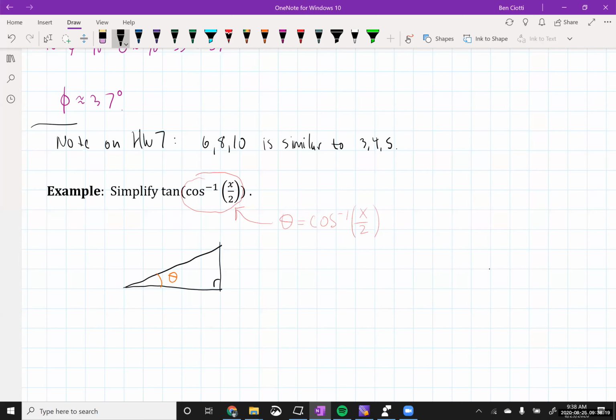Now, I don't know that much about theta, but I know that its cosine is x over 2. So that's the adjacent over the hypotenuse.